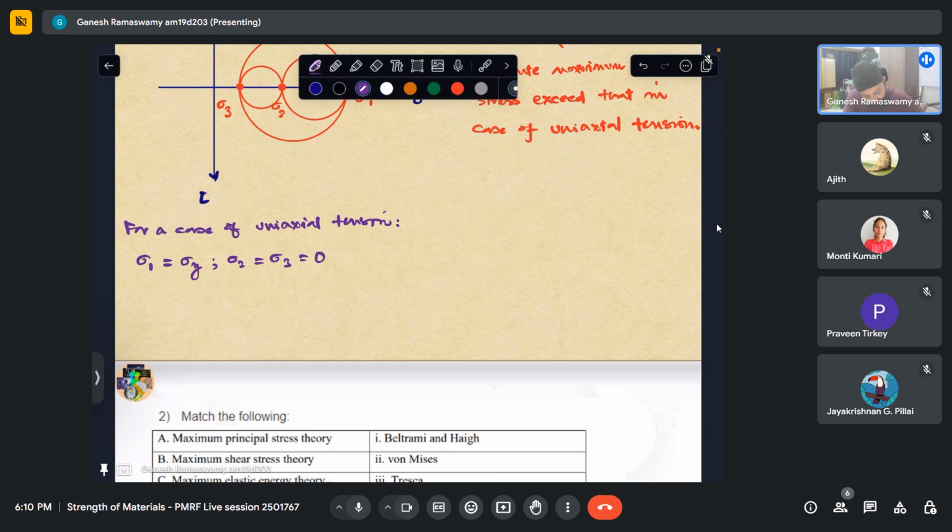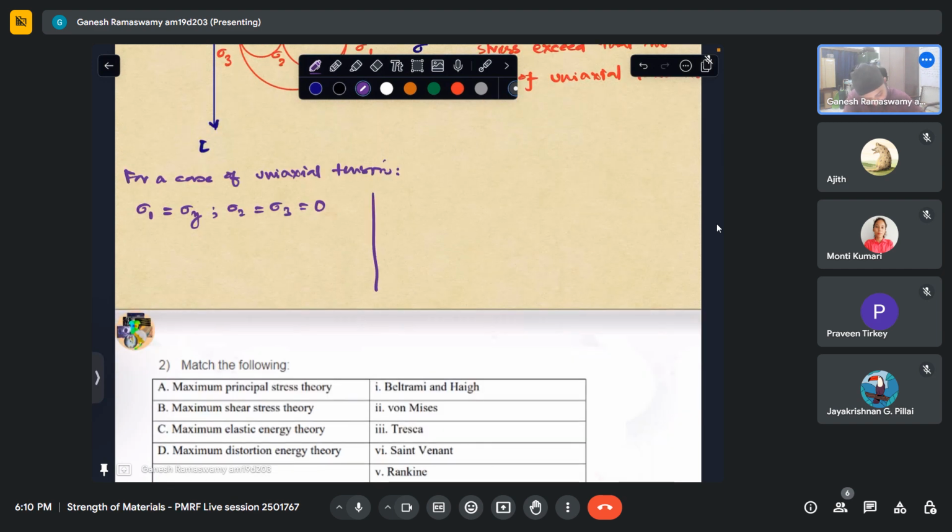So if I were to draw the Mohr circle for this case, what does that come out to be? So again, this is sigma and this is tau. Let me say that this is my sigma y.